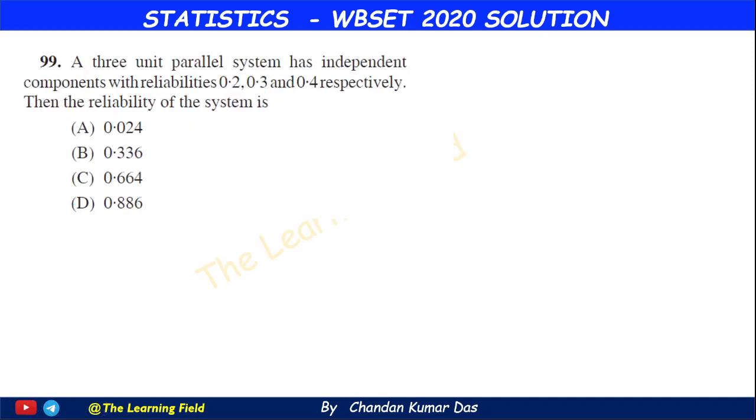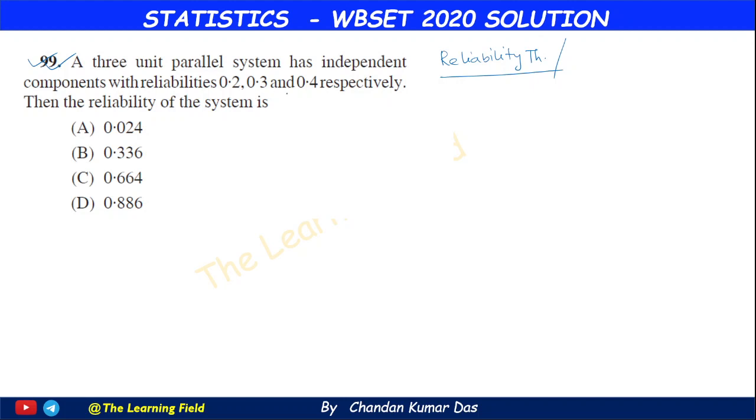Going to the next question and last question for today's session, which is again from reliability theory. I recommend that you must watch the class on reliability theory which is available on my channel. Then you get the concept of these questions.